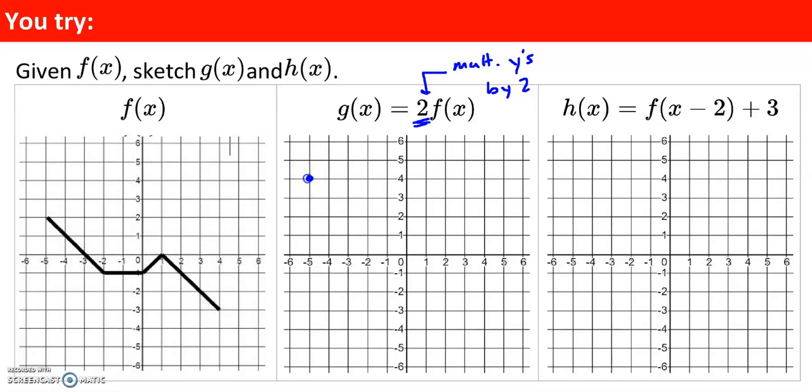And the line segment part of f of x ending at -2, -1, if you multiply the y by 2, should be at -2, -2. You know, this little horizontal line segment here that ends originally at 0, -1, will end at 0, -2.